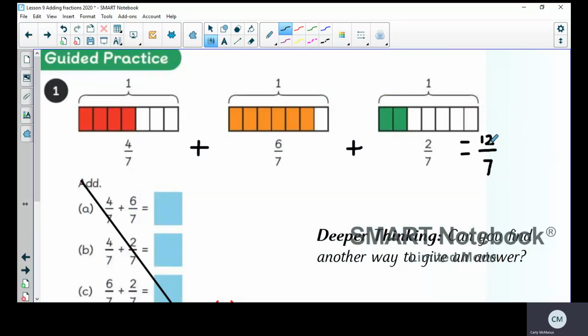So how many 7s go into 12? That would be 1. And then once you're at 7, how many parts are left over? Well, we're at 7, 8, 9, 10, 11, 12. There are 5 parts left over of the cake, and the denominator stays the same at 7. So 12 sevenths is the same as 1 whole cake and 5 sevenths.